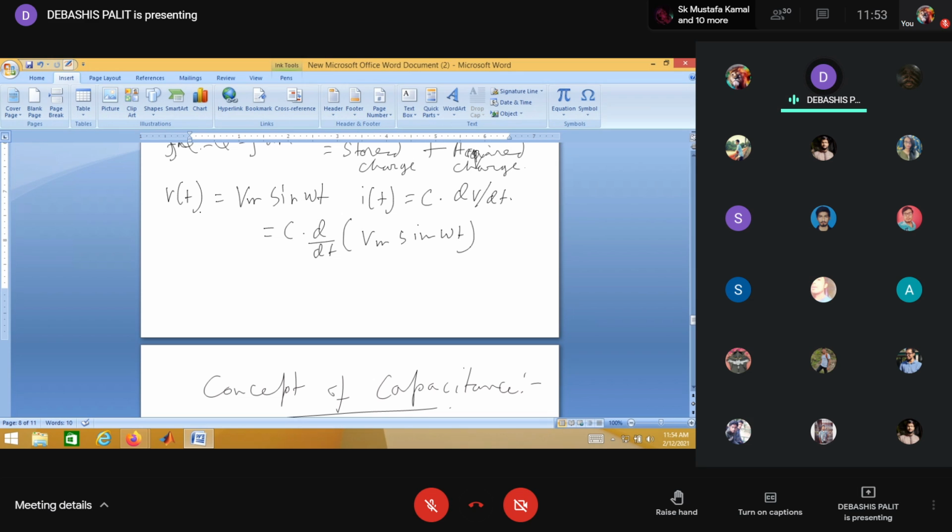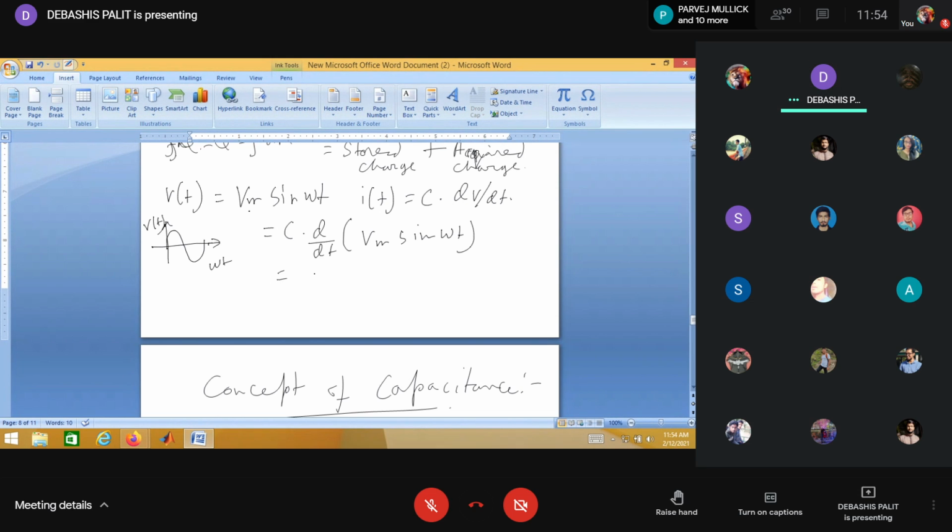So V is equal to Vm, the maximum voltage, into sine of omega t, where omega is the angular frequency of the supply voltage and Vm is the maximum voltage. If the voltage is alternating in nature, like this, this is your omega t and this is your voltage magnitude v(t). So this voltage is applied to a capacitor, and the current which flows is equal to C into dV/dt.